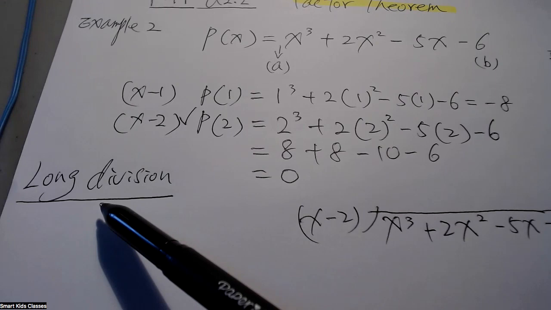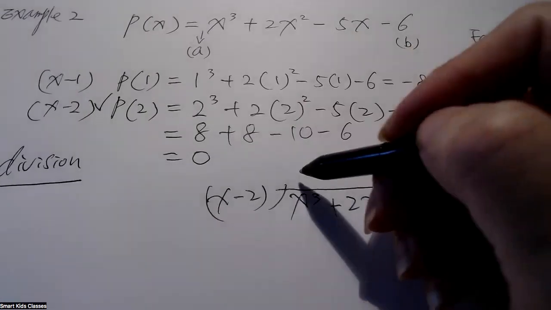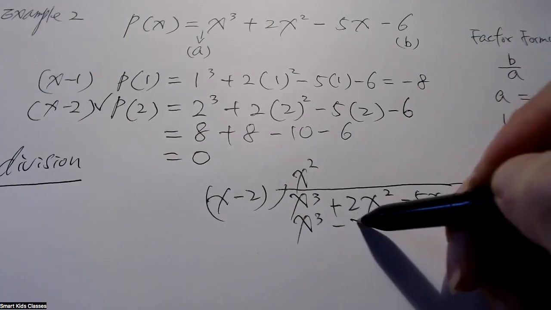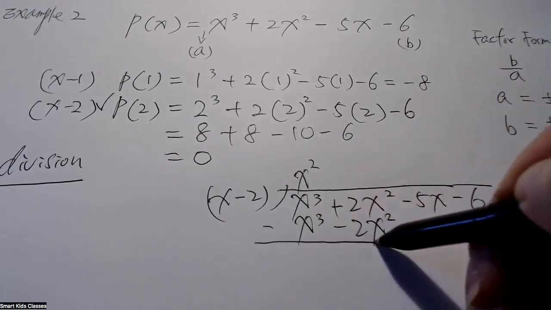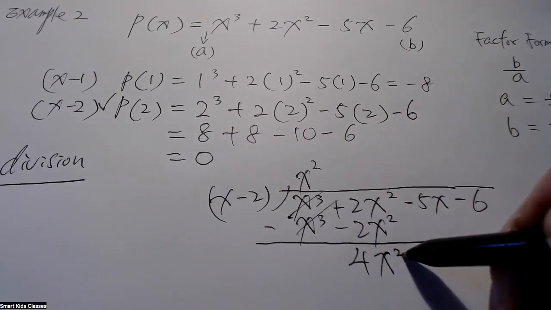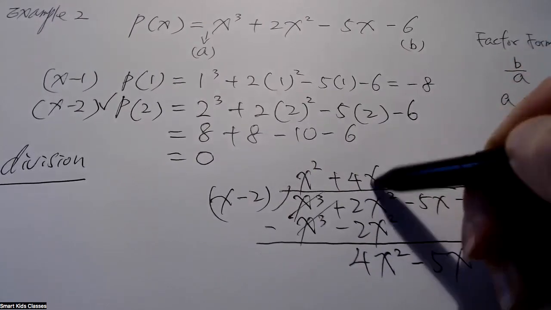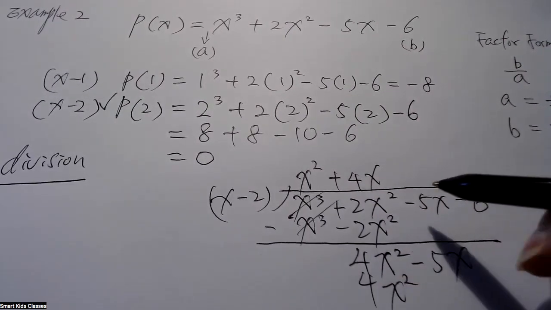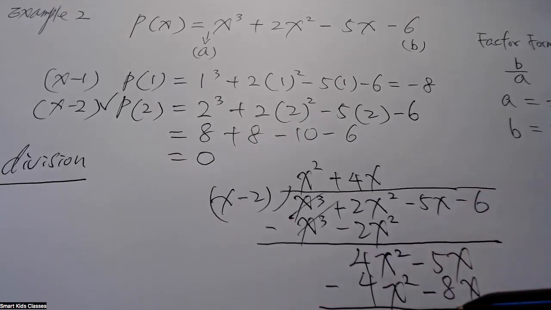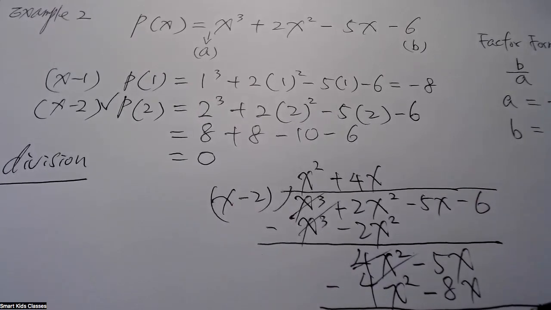Now we are going to do it with long division. You write it into a division box. Now we try to cancel the first term: x squared gives x^3 minus 2x squared. We subtract, and cancelling the front terms you get 4x squared. Minus 5x, so you bring down the 4x. You cancel 4x squared, and then minus 8x, so you subtract it. You cancel these two and you have 3x minus 6.